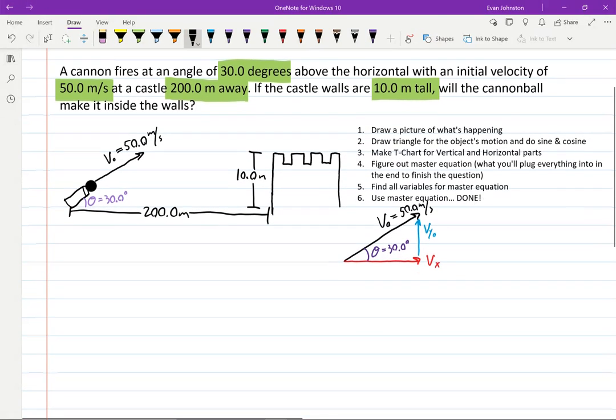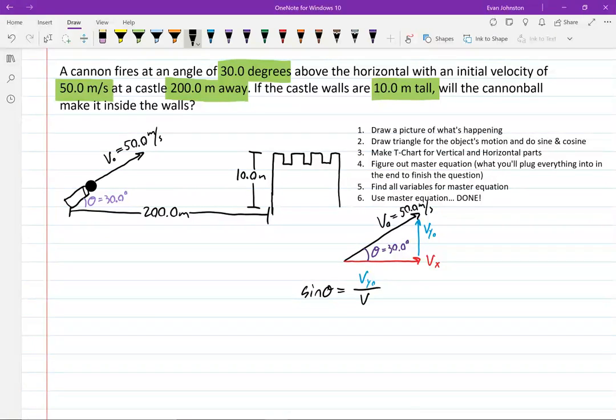So it says use sine and cosine. Let's just do that. So sine of our angle, and you might need to look back at our notes, sine is opposite over hypotenuse. So sine would give us the initial y velocity divided by our initial velocity itself.